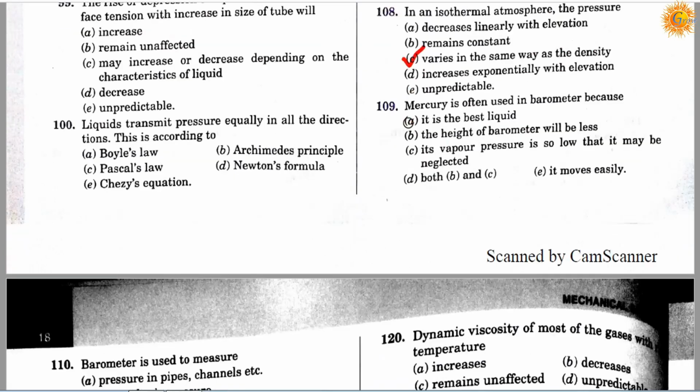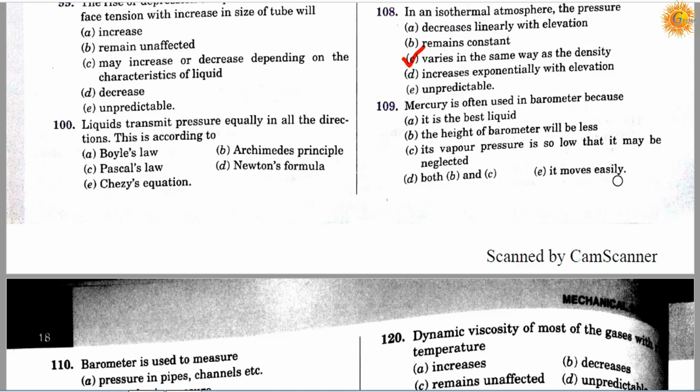Question number 109. Mercury is often used in a barometer because: option A, it is the best liquid; option B, the height of a barometer will be less; option C, its vapor pressure is so low that it may be neglected; option D, both B and C; and option E, it moves easily.